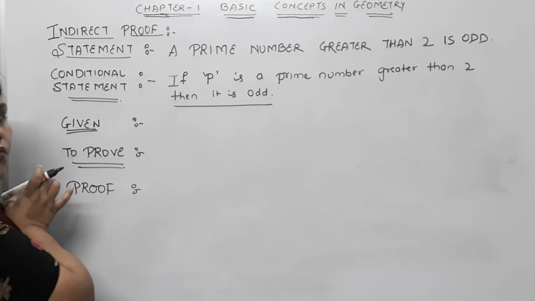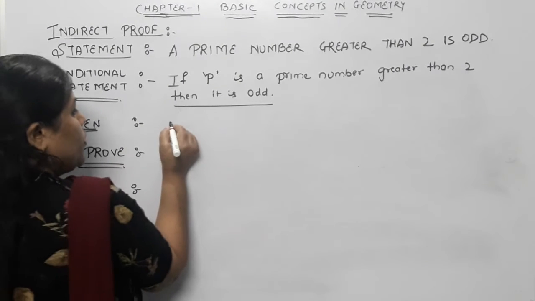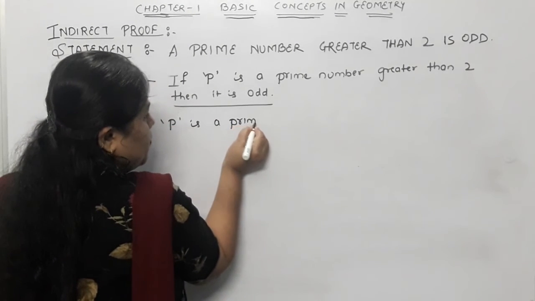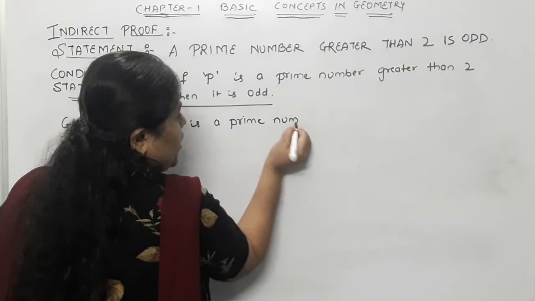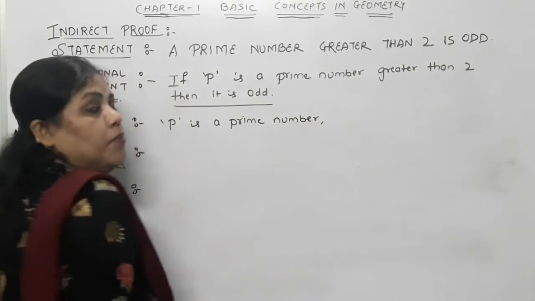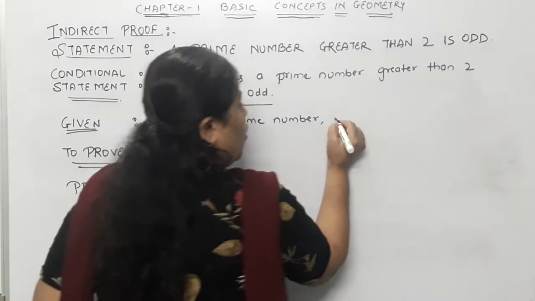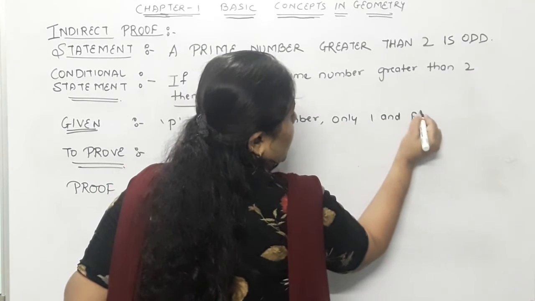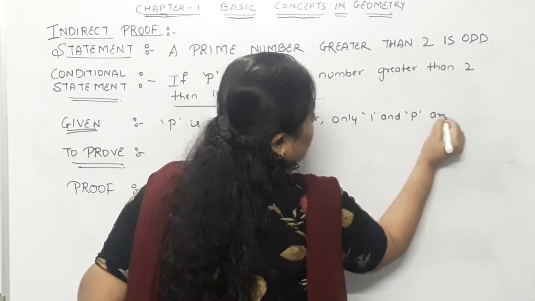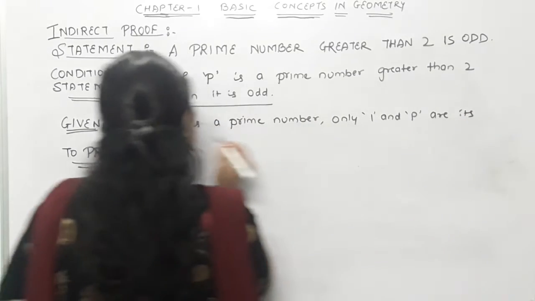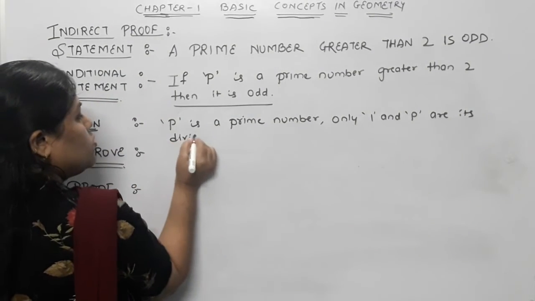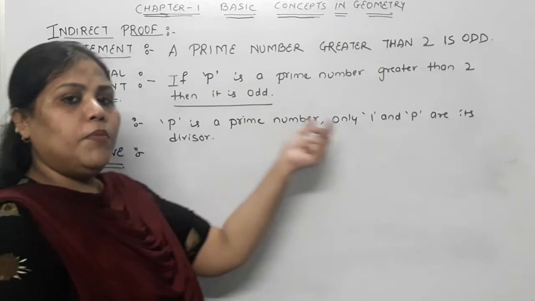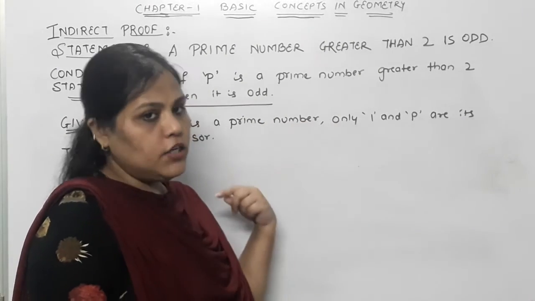So here what is given to you, this we will see in the proof part, how to take. So directly starting with given, what is given to you? P is a prime number. If P is a prime number, it means what? Only 1 and P are its divisor. As you all know that in a prime number, the number can be divisible by itself and 1.